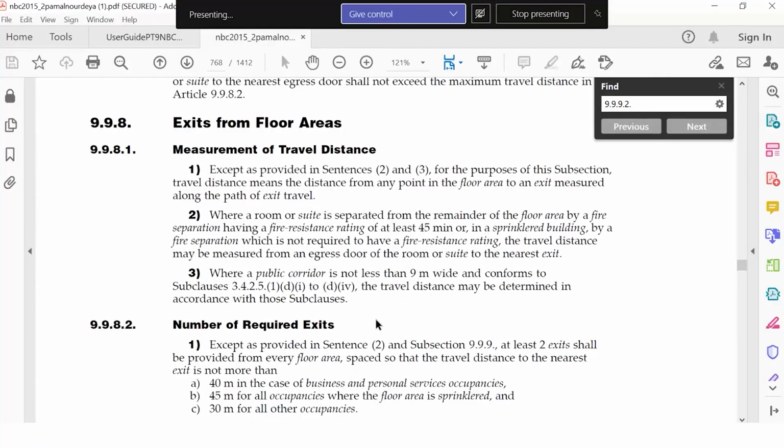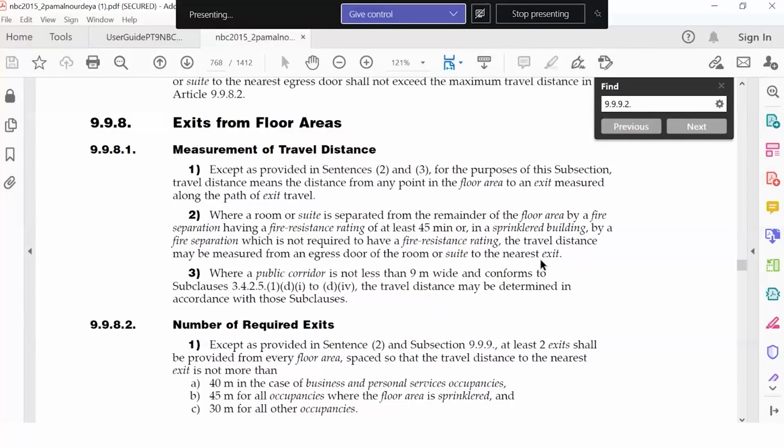Travel distance means the distance from any point in the floor area to an exit, measured along the path of exit travel. We know that from the previous course we took on Part 3. When a room or suite is separated from the remainder of the floor area by a fire separation having a fire resistance rating of at least 45 minutes, or, in a sprinklered building, by a fire separation which is not required to have a fire resistance rating, the travel distance may be measured from an egress door of the room or suite to the nearest exit.